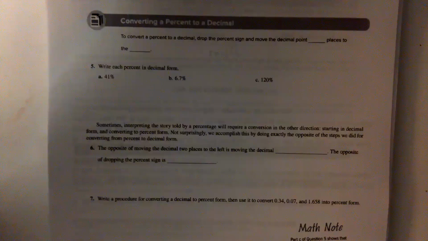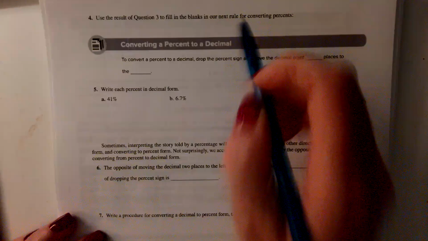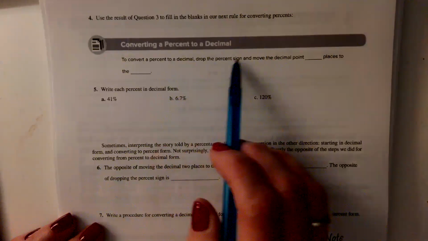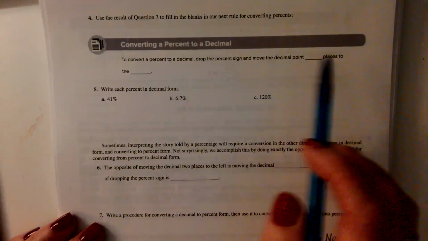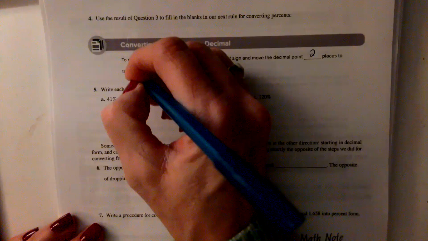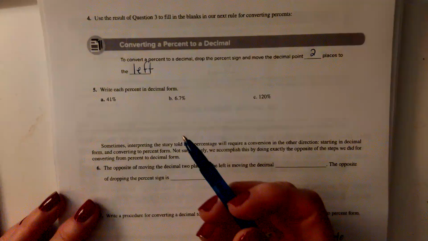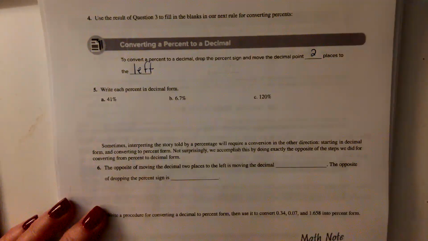Number 4 says, use the result in question 3 to fill in the blanks in our next rule. To convert a percent to decimal, drop the percent sign and move the decimal point 2 places to the left. Okay, I just always divide by 100. That's my simple way. Write each percent in decimal form.